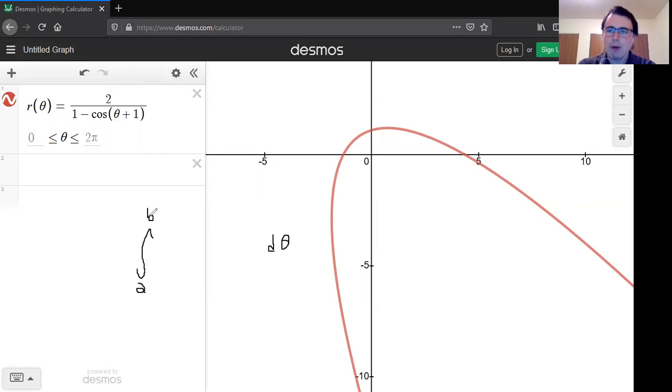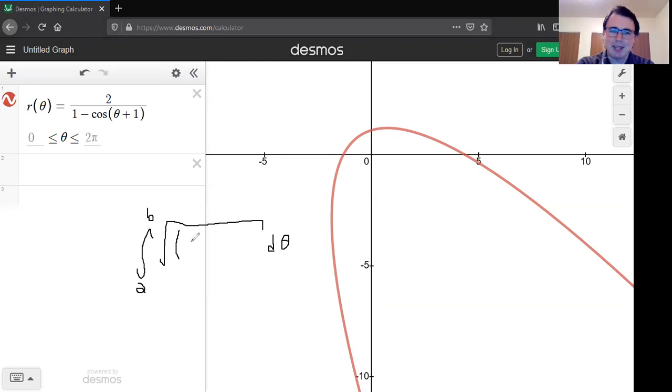And I need to describe what my integrand is going to be. Now, we've seen these arc length formulas before, where I'm taking a square root because I'm setting myself up to use the Pythagorean theorem. And what do I need here?